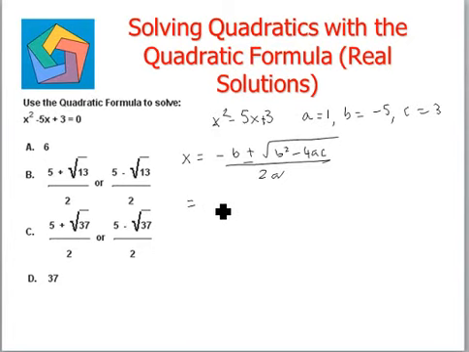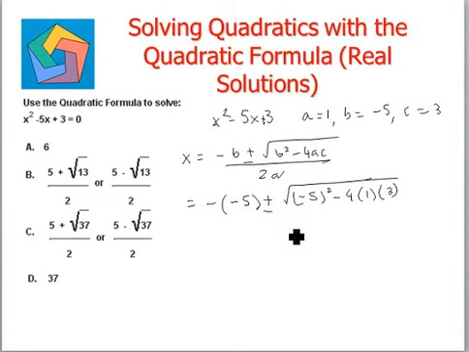Negative b, minus of negative 5, plus or minus the square root of b squared, that is negative 5 squared, minus 4 times a is 1, c is 3, divided by 2 times 1.